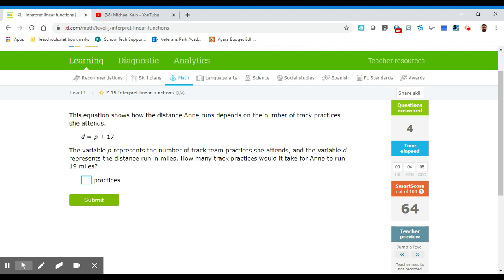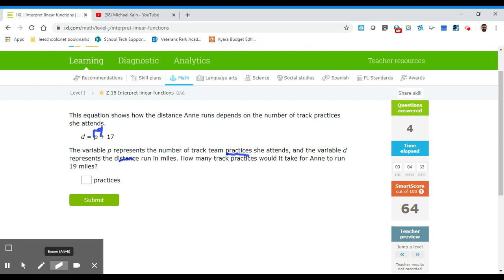So, this is where it gets a little different. Let me show you. Okay, let's go ahead and use our pen. You don't want to put a 19 here. You don't want to just plug the numbers in. That doesn't make sense because you have to look at what the variables mean. P is the number of practices, right? D is the distance in miles.